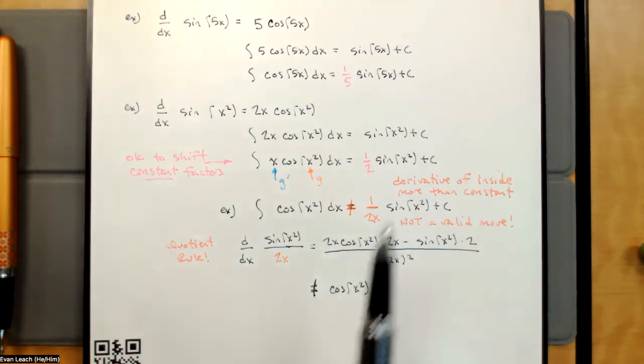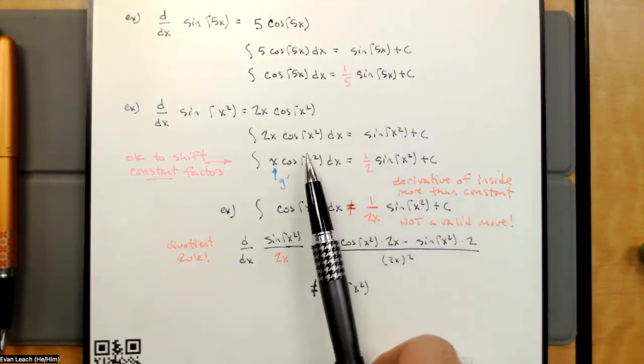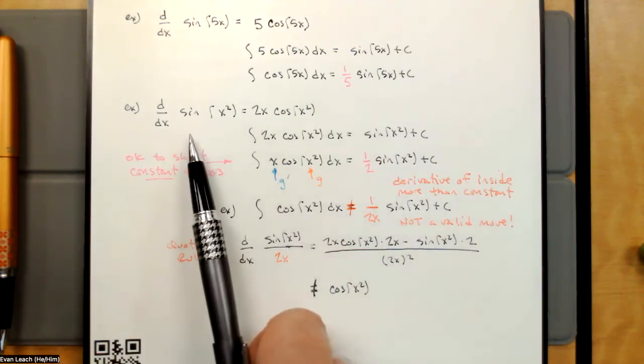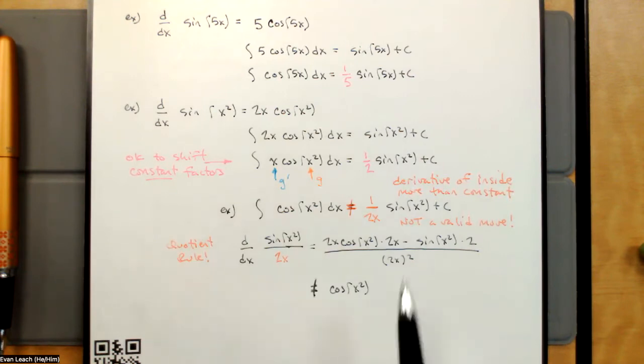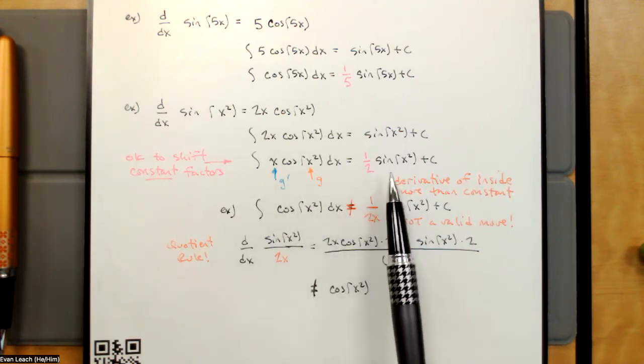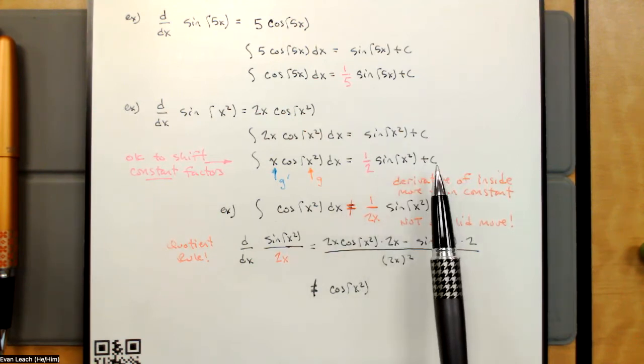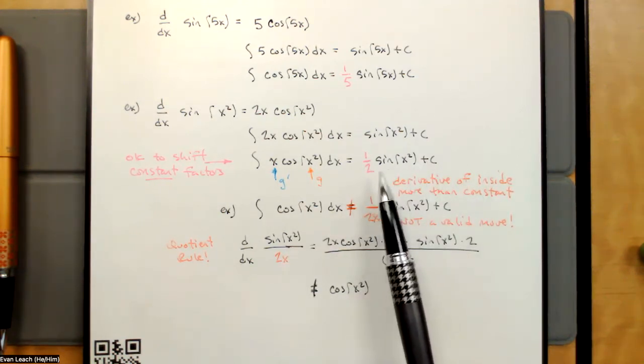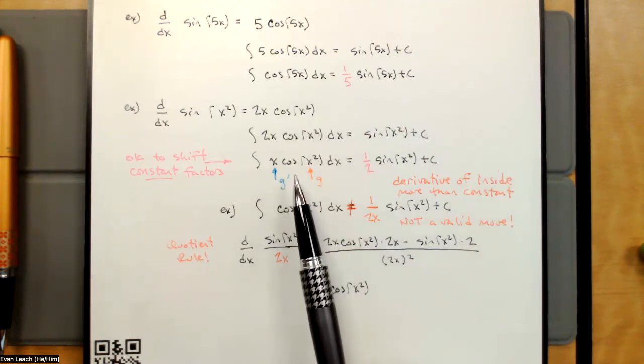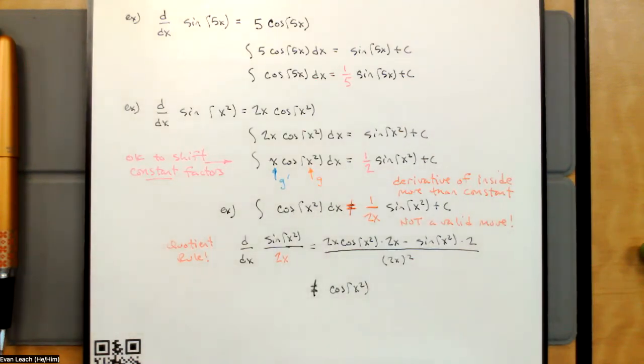The derivative of sine of x squared is cosine of x squared times 2x. Going back, the derivative of 1/2 sine of x squared is 1/2 cosine of x squared times 2x. The 2 cancels out with the 1/2 and leaves x cosine of x squared. So it worked out. Any questions?